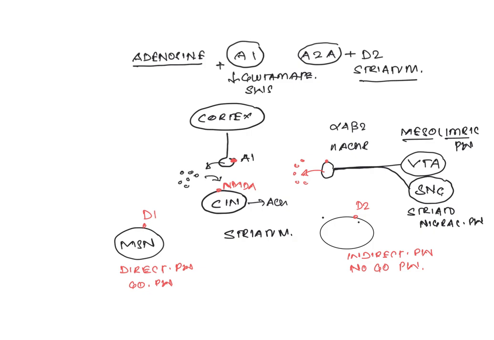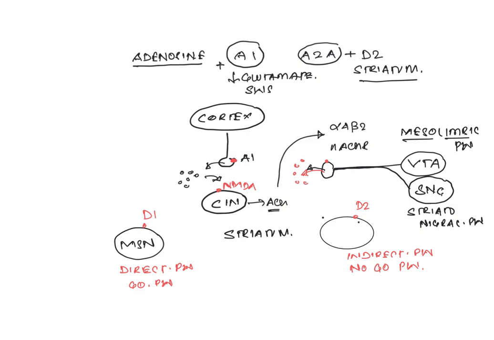Glutamate will act on the NMDA receptors, causing the release of acetylcholine. And the acetylcholine will then act on the nicotinic acetylcholine receptor to cause the release of dopamine, right? So this is how dopamine is released into the striatum.